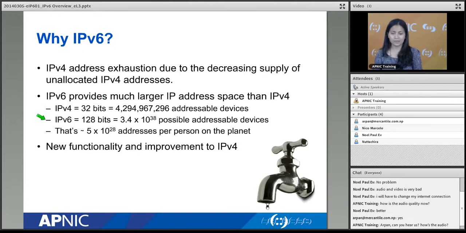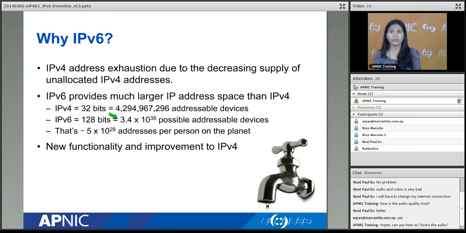Address-wise, that's 4 times as large as IPv4. However, when you look at the entire pool, that's not just 4 times larger, that is heaps larger. Because this is exponential, that's 2 raised to 128, which is roughly 3.4 times 10 to the 38 possible addressable devices. So that's quite a lot, right?